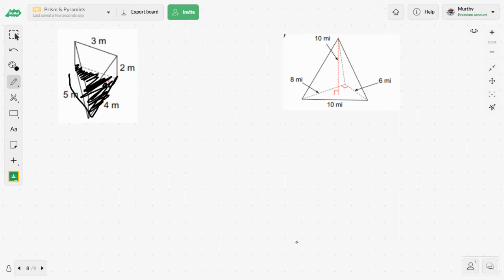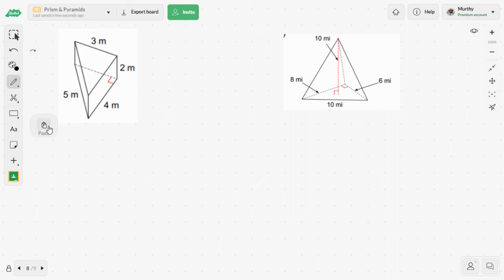This one reminds me that if I go to Delhi, this seems to be something like a piece of cake. And even the top is also in the shape of a triangle. So this one must be a prism, right?